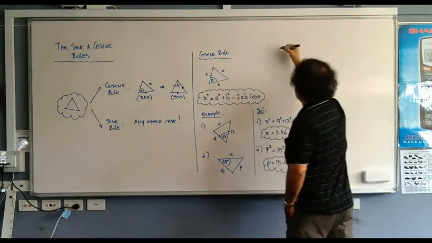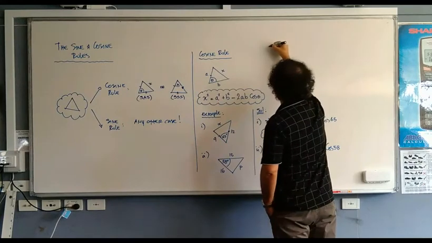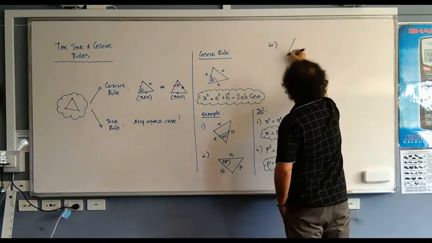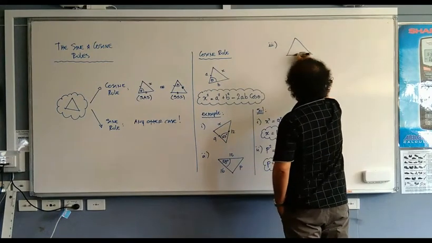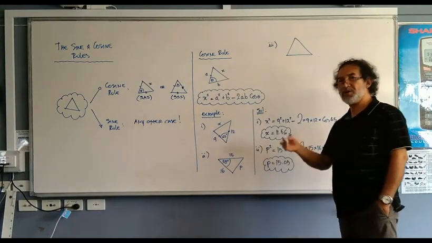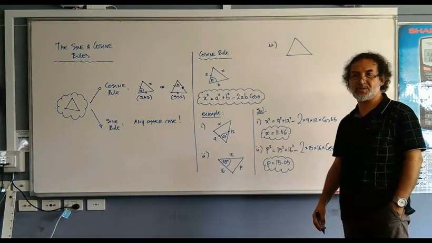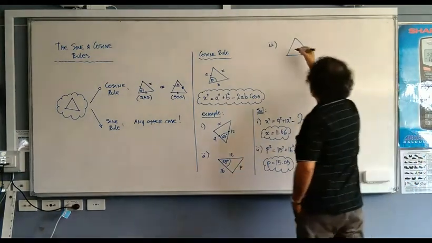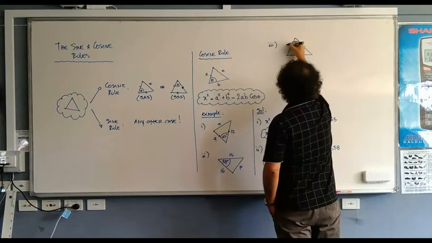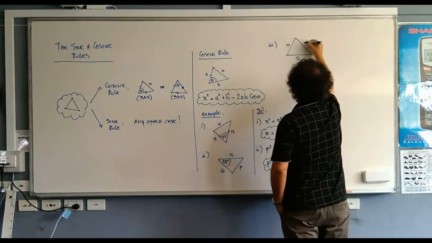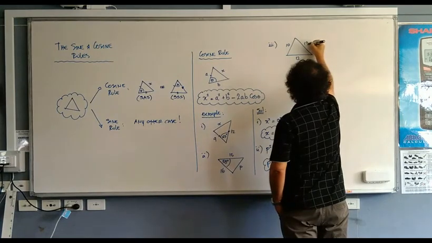Question 3. Okay, so I'm going to put question 3 in here. All right, let's say that this time you have the 3 sides given. Okay, we're going to go through this quickly because it's not too hard to understand. Let's say that this is 10, 12, and let's say 13.